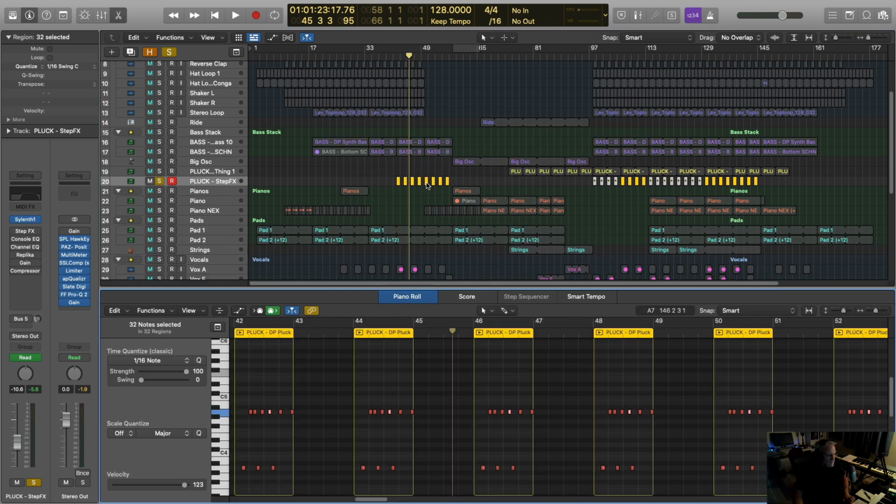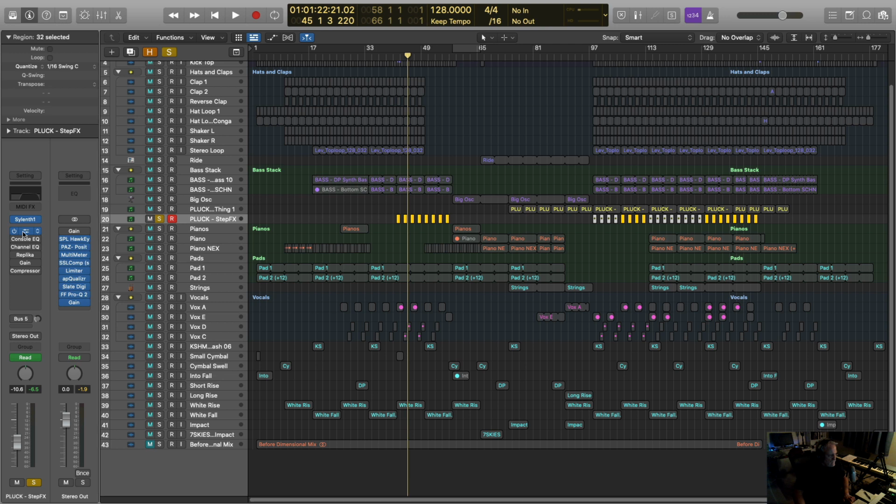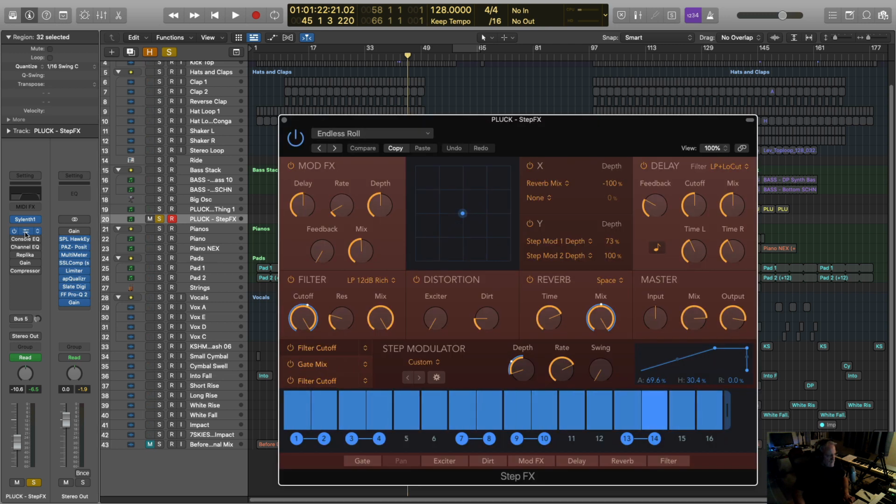Oh well, I try to pay attention to all that. I missed that one. Wow, okay. So it's just a MIDI part, and then I send it to the step effects, which has a delay, a little reverb, and some modulation using LFO. It's just a patch. It's called Endless Roll.